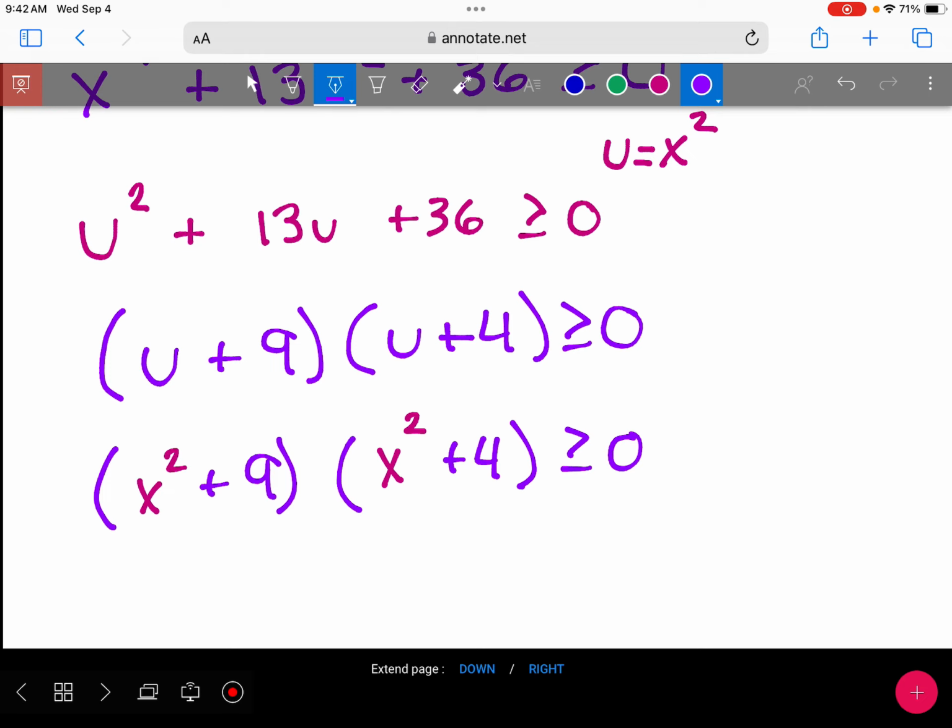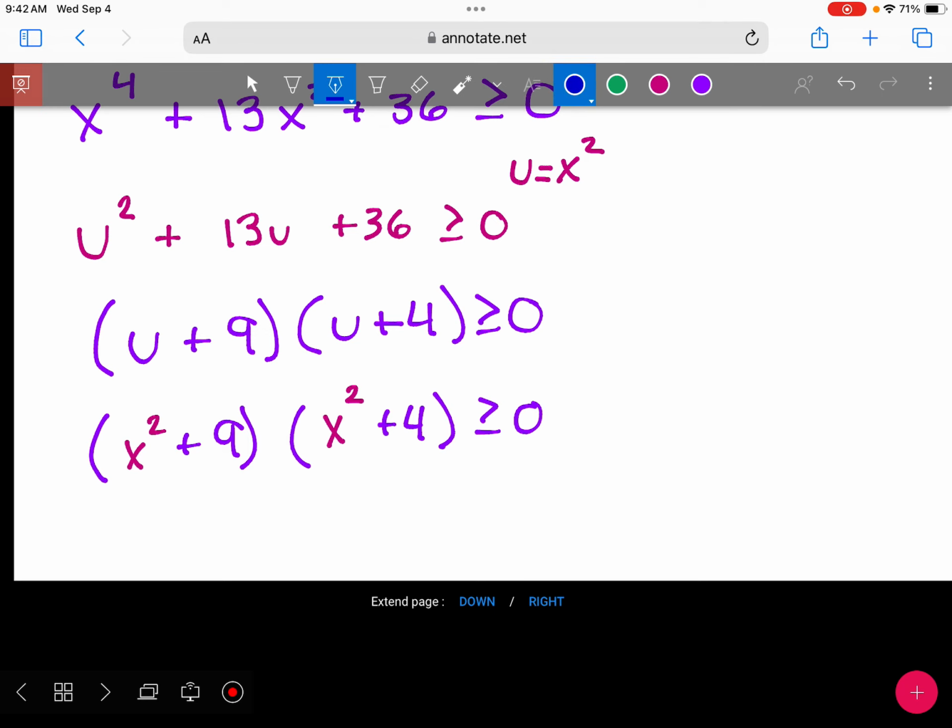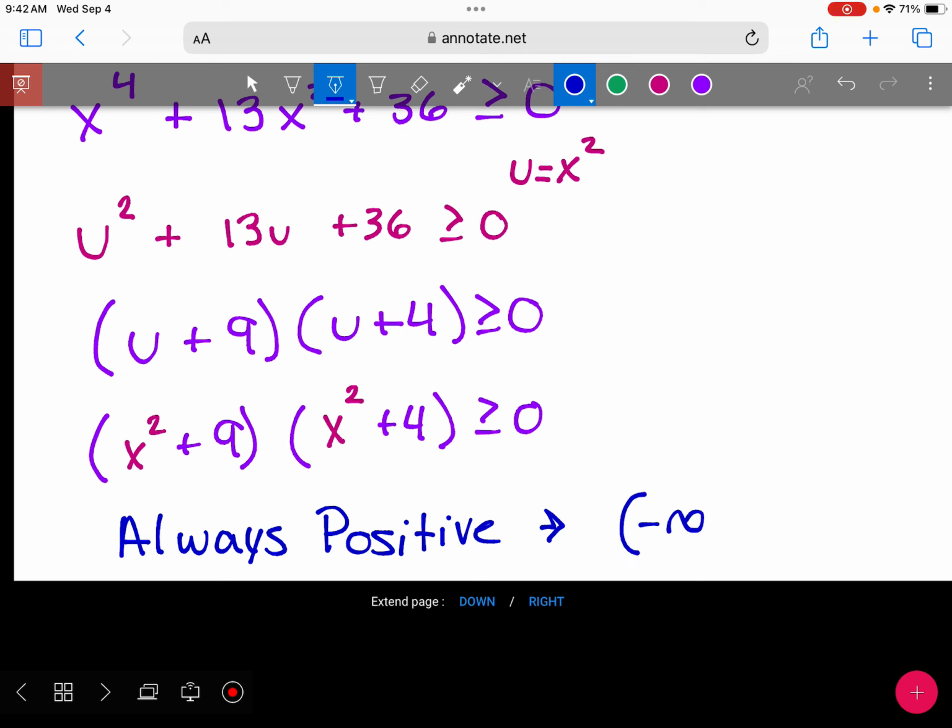No. So when is it positive? Always. All real numbers. Told you this one was shorter. Well, that's kind of interesting. So our interval goes from negative infinity to positive infinity.